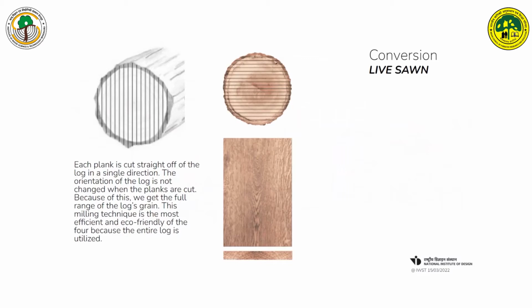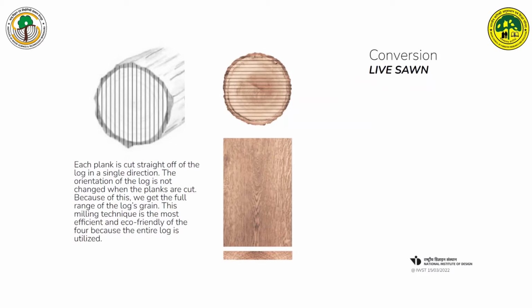Basically, if you cut a log parallelly all across its diameter, we get something called live sawn, which means it gets a complete range of the wood's grain. But this live sawing technique has a little problem in it, which is that all the grades of wood harvested from live sawing will not be of the same strength, because as you know, the sap, the exterior part along the periphery of the wood, is not so strong, and the center part is the strongest part.